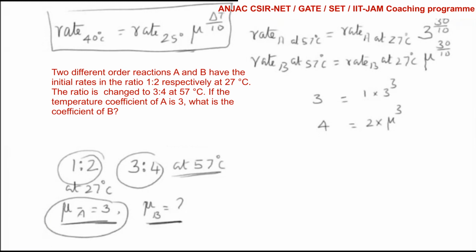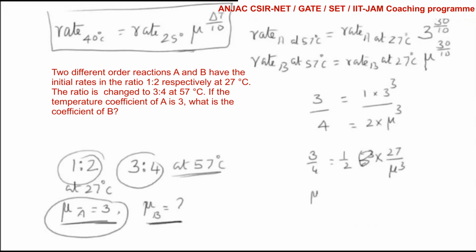That can be given as one divided by another. You will get 3 by 4 is equal to 1 by 2 into 3 cube, and 3 cube can be written as 27 by mu cube.